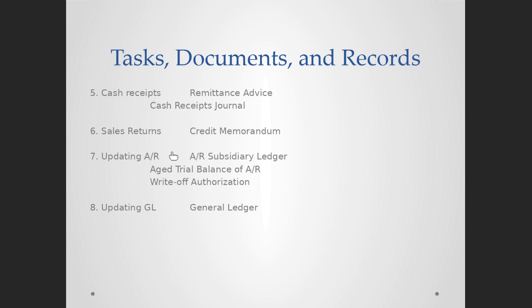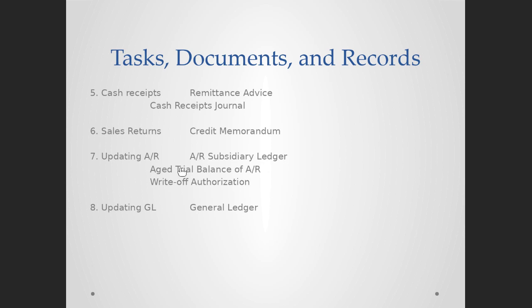So we randomly check that to make sure that each accounts receivable subsidiary ledger is showing only the transactions for the customer whose subsidiary ledger you're looking at. Is that clear? That's the accounts receivable subsidiary ledger.